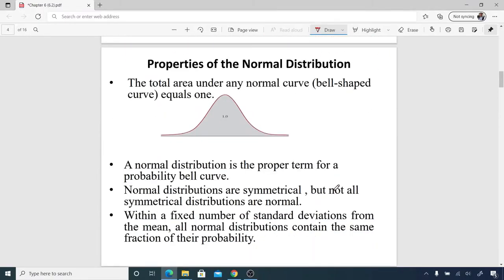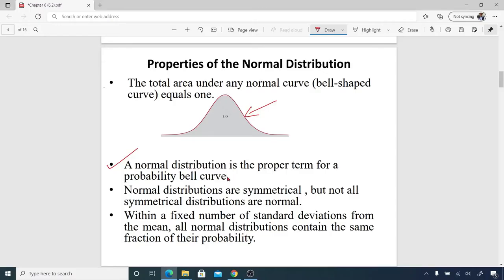Let's talk about a couple of properties of the normal distribution. First, the total area under any normal curve, or bell-shaped curve, equals 1. A normal distribution is the proper term for a probability bell curve.